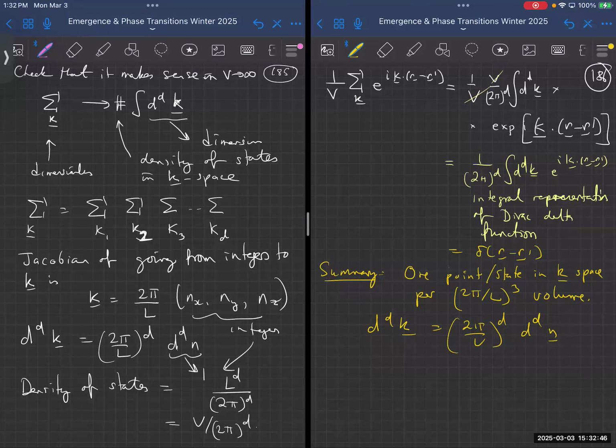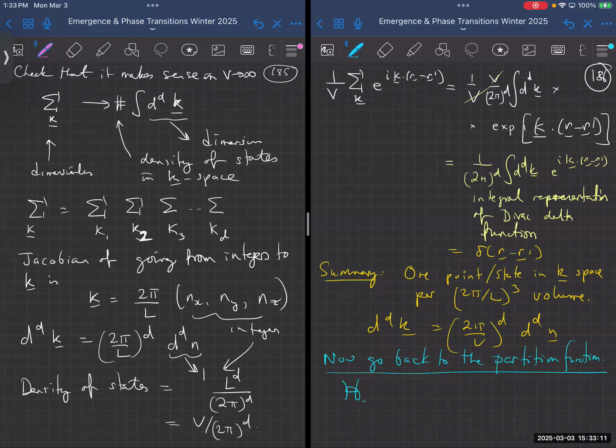All right, so now that we've done this, now let's have a look at our effective Hamiltonian. So after this little exercise, what we are trying to evaluate is the path integral, the functional integral of this effective Hamiltonian.